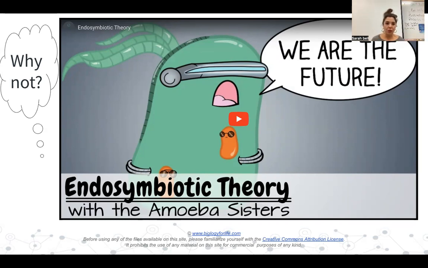In a nutshell, this photosynthetic sea slug has ingested algal cells, and that has allowed it to become photosynthetic itself. So these sea slugs can actually not eat for like two to three months at a time and get energy from their photosynthetic symbiotic counterparts, which is super cool.